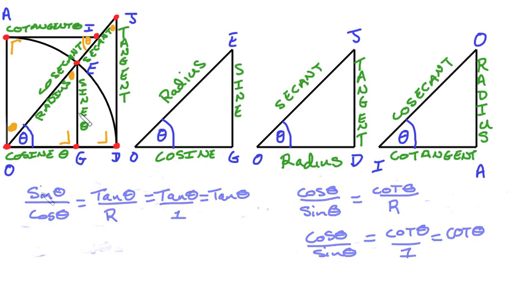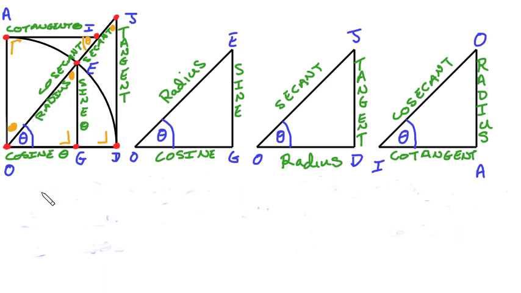So we'll do that now. So we're going to work all of these from a circle of radius 1. Now we have shown that sine squared theta plus cosine squared theta is equal to 1. And that would give us that cosine of theta would be equal to the square root of 1 minus sine squared theta.